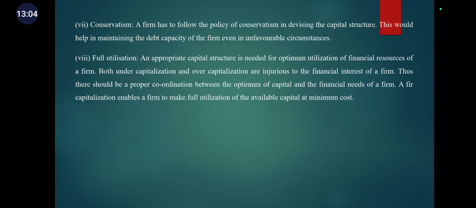If there is no capital at all, there is no production, and we can't meet our financial needs. If there is overcapitalization, the resources will be wasted. So you have to have proper capitalization, that is, the proper capital structure. You have to avoid both undercapitalization and overcapitalization.